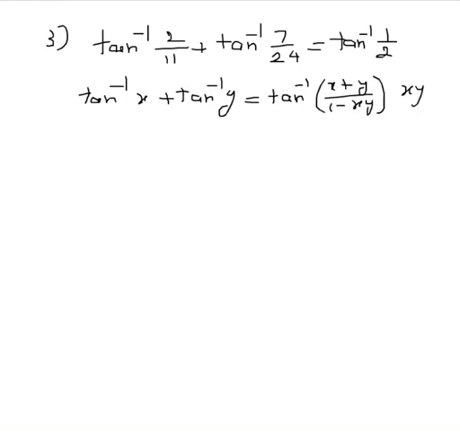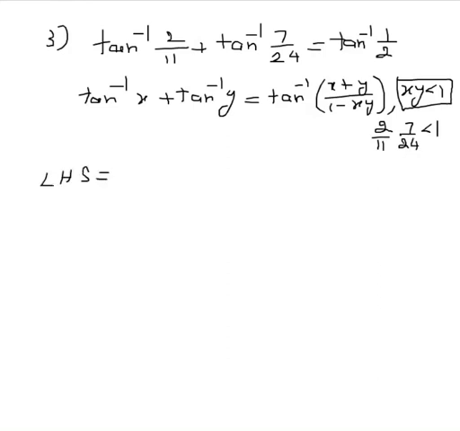Please memorize this formula along with the condition: xy should be less than 1. Check whether this condition is satisfied or not. 2 by 11 is our x, 7 by 24 is our y. Yes, it is less than 1. So I can use this formula.